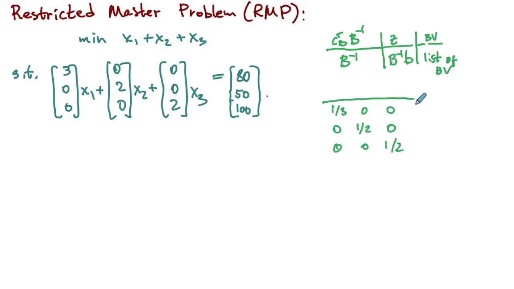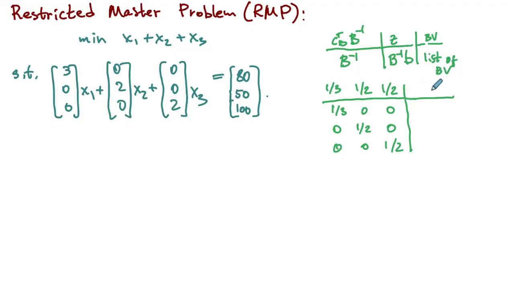So for CB transpose B inverse, we need to multiply the vector of all ones by the matrix B inverse, and we will obtain 1/3, 1/2, 1/2.